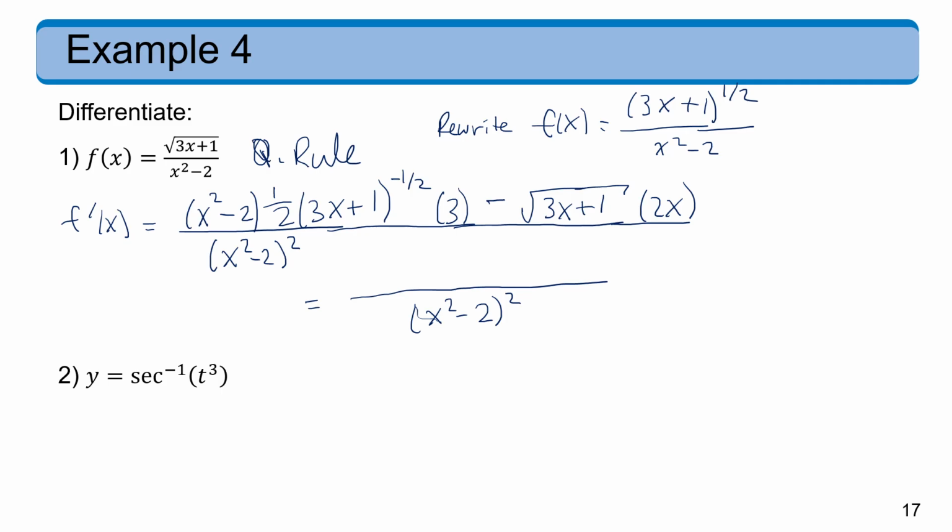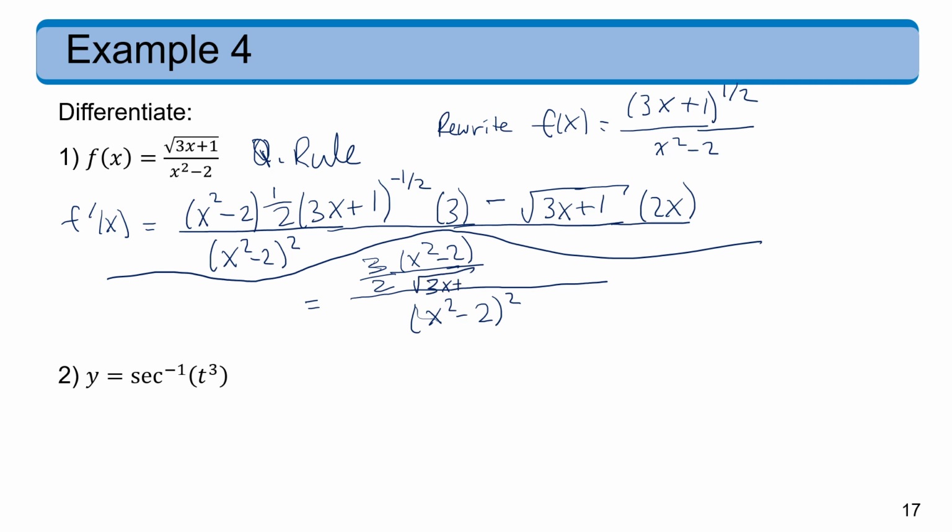So in the first term in the numerator, we could put the 3 halves in front, right? The 1/2 times 3. And then we have in the numerator, we've got that factor x squared minus 2. And then the term with the negative 1/2 power, we could put that in the denominator as a positive 1/2 power, and you could translate the 1/2 power back to a square root.